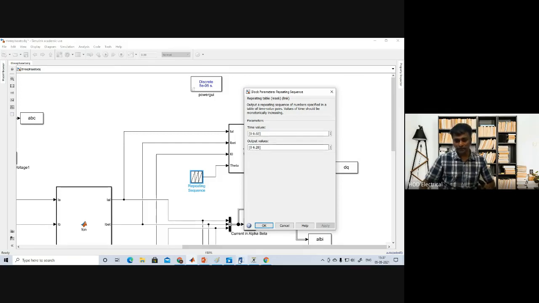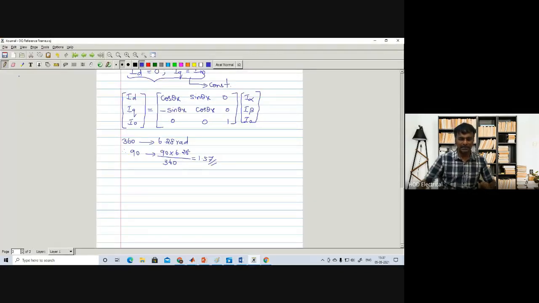How has it come? One cycle is nothing but 360 degree, right? For example, if you draw the circle here, it will start from 0, reach 2 pi, 6.28, then again start from 0 and reach 6.28.